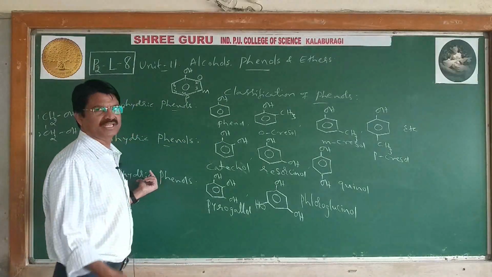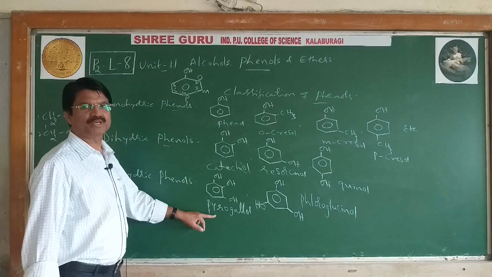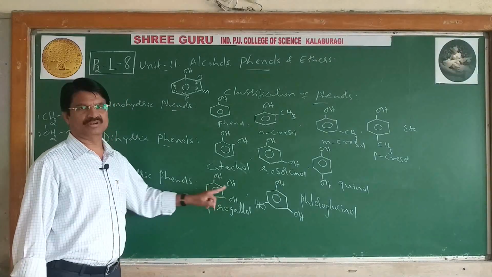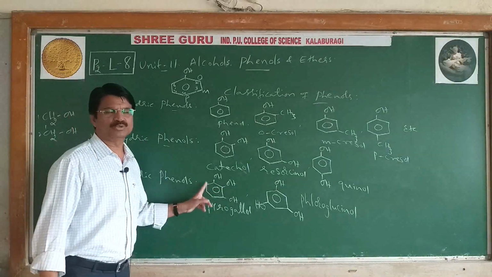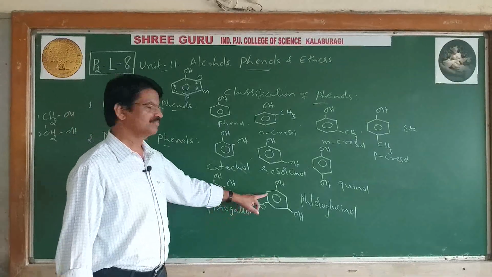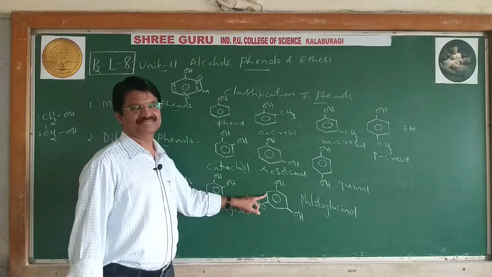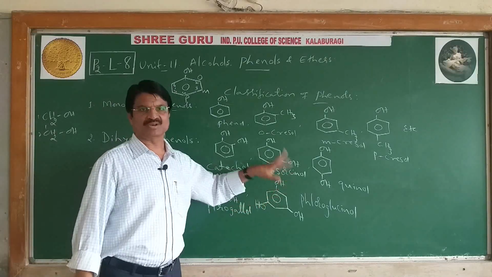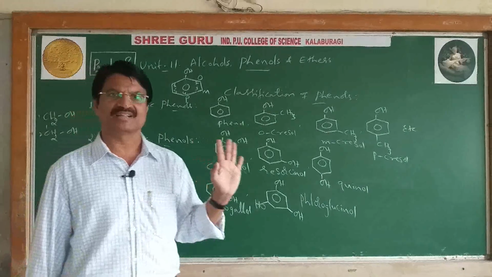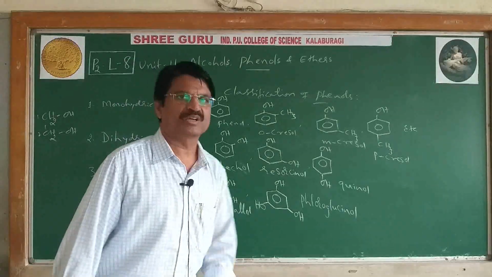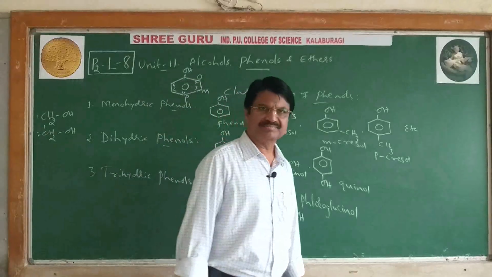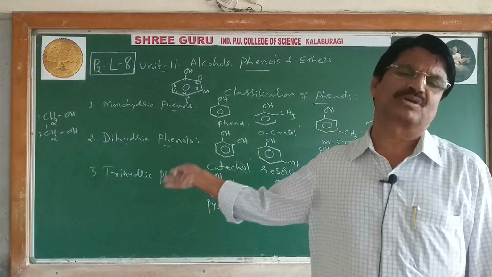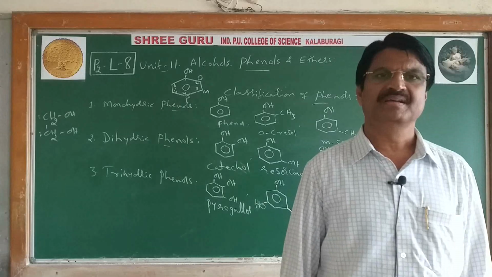For trihydric phenols, the same method. What is pyrogallol? Answer: benzene 1,2,3-triol. Next, phloroglucinol, the IUPAC name: benzene 1,3,5-triol. Here I covered what phenol is and how to classify phenols.